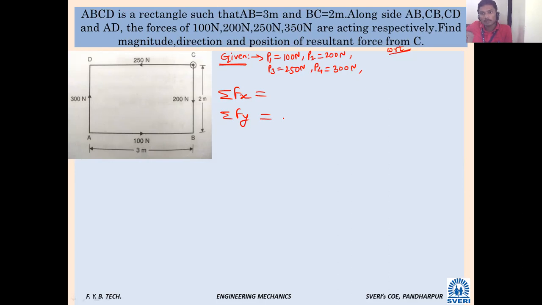You should be familiar with that process. You should not write resolve force P1, P2, P3, P4 each step. Only you should not miss any force. Shall I give 5 minutes? Okay. Please solve it.